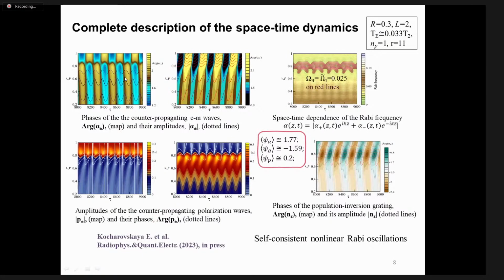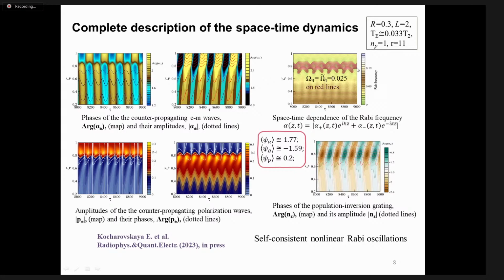Here you can see the complete description of space-time dynamics, both of phases of counter-propagating waves and amplitudes of counter-propagating polarization waves. But I don't have time to describe them in detail. What I should mention is that here, in red colors, is shown the region where the Rabi frequency of the electromagnetic field is exactly equal to the frequency of one of the sideband polariton modes.